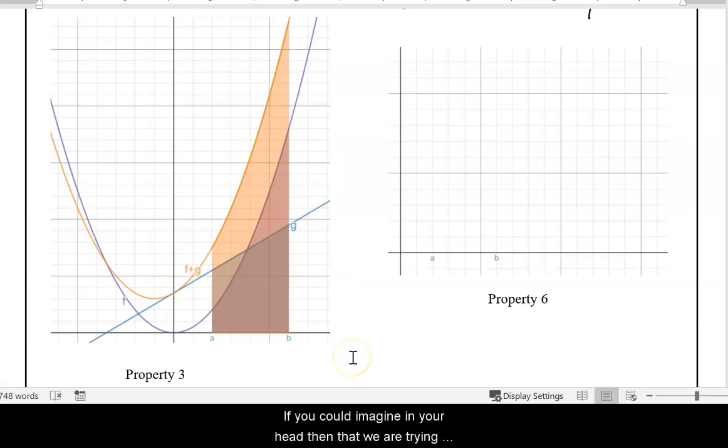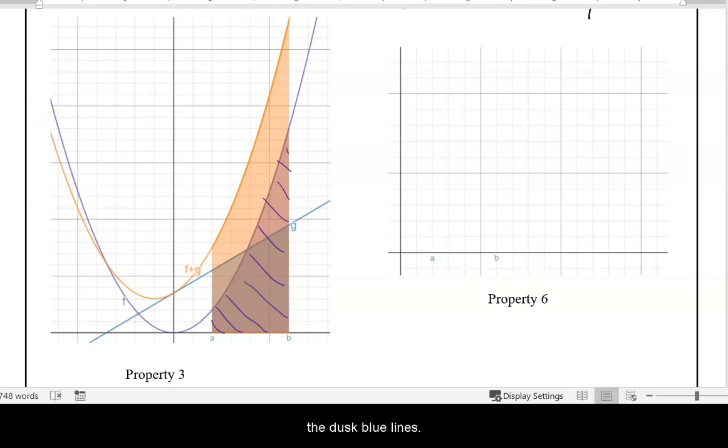If you can imagine in your head then that we are trying to take the purple area, which would be this area now with the dashed purple lines, and we were going to add to that the area in blue now with the dashed blue lines. Let's see if I can get these going in the opposite direction.